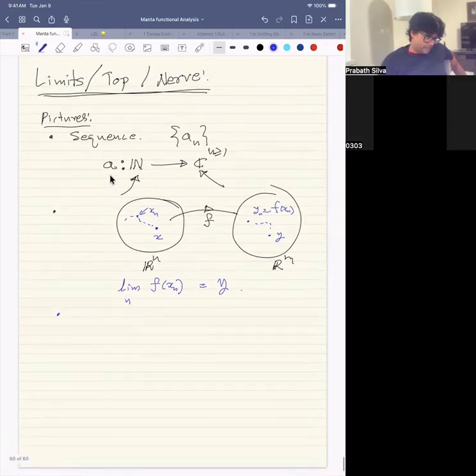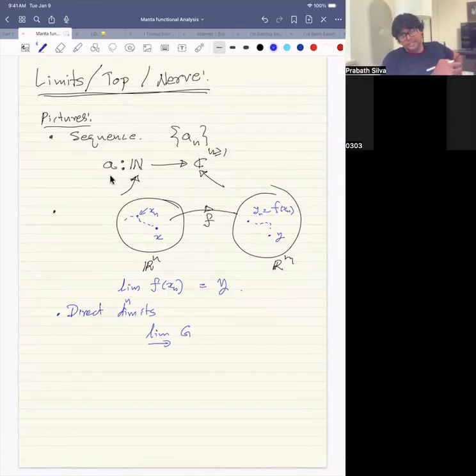We have seen these different types of stuff. And then you also learn something called direct limits. You can take a limit this way of some groups. We have a chain of groups, G1, with these homomorphisms, and then there's something called direct limits.